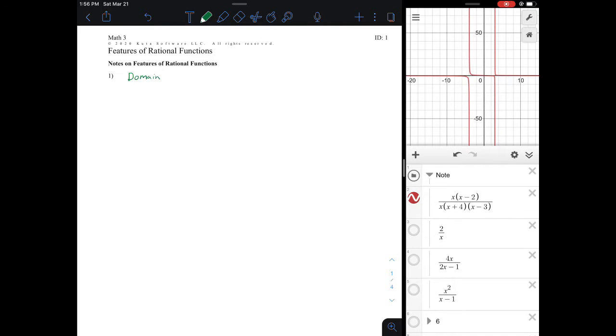The domain of rational functions is the set of all real numbers except for the discontinuities.